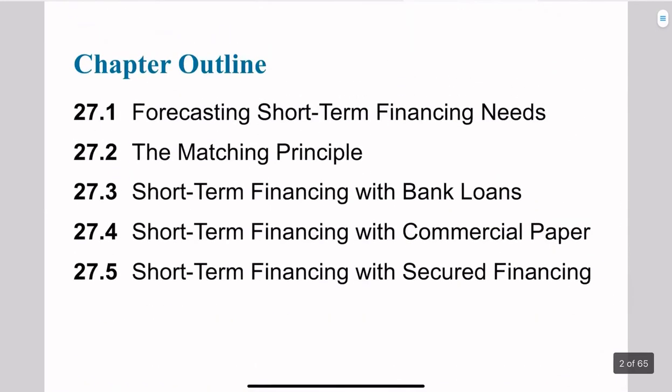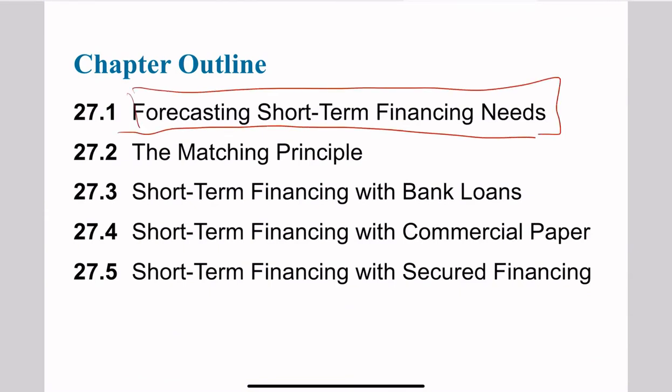So if you think about short-term financing, then you can see that first you will have to think about your financing needs, right? So you will forecast your short-term financing needs, and then you will obtain that short-term financing.